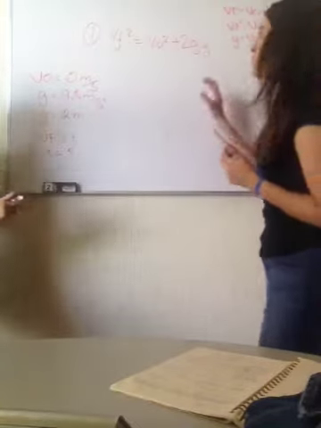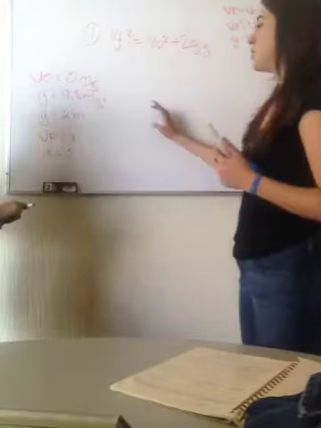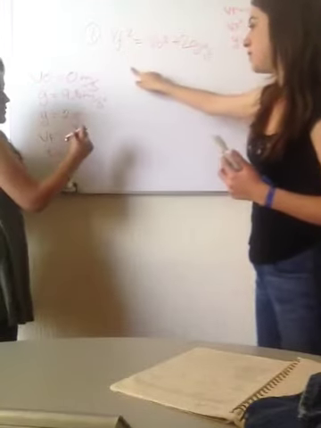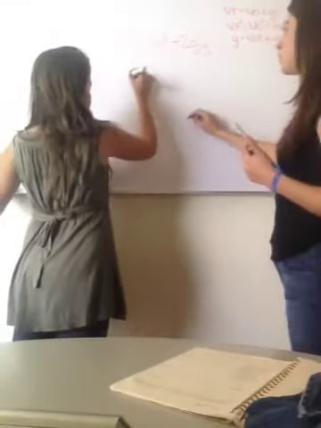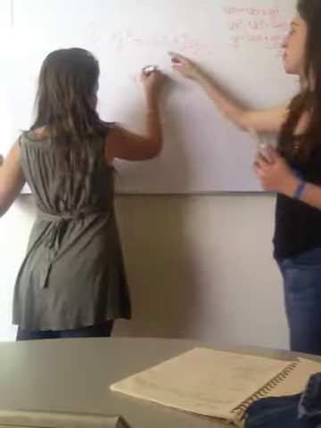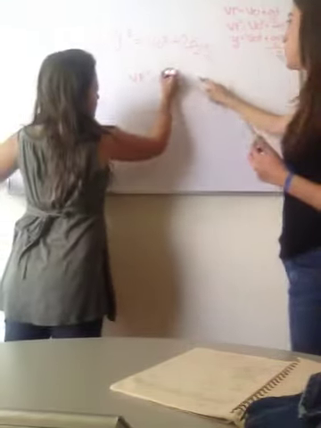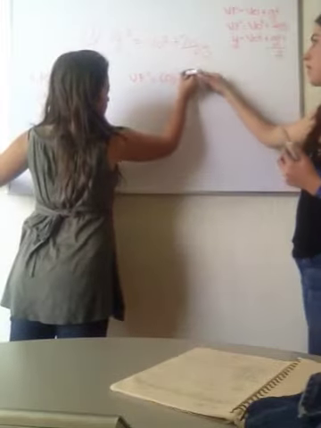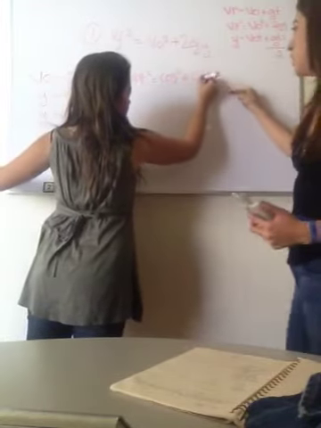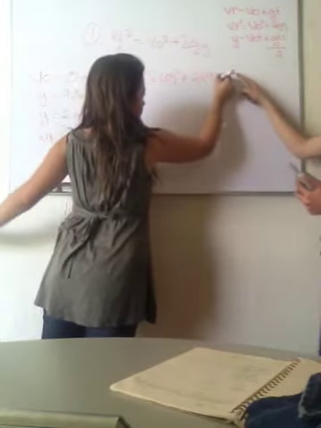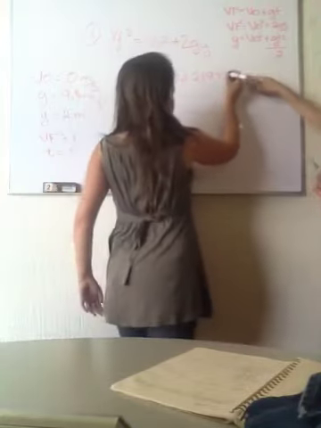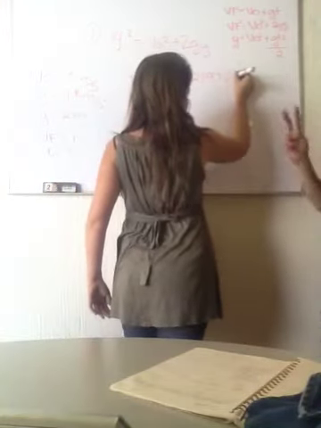But first, we're going to solve for this equation. We don't know what the final velocity is going to be, so we put the initial velocity 0 squared plus 2 times 9.8, which is the gravity, times the distance, which is 2 meters.